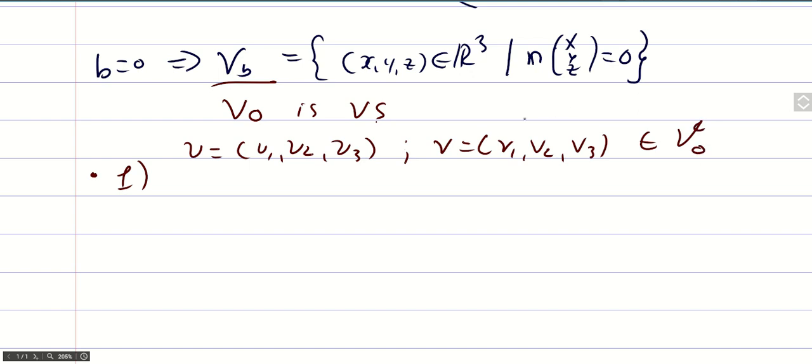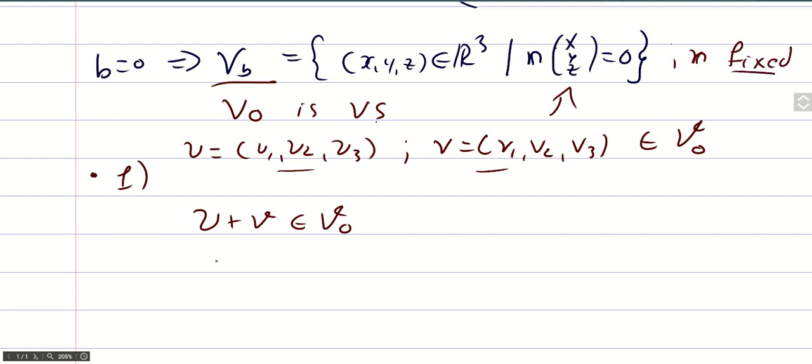That means that both of these vectors satisfy this condition. Then the sum of these two vectors also is part of V0, meaning the plane that passes through the origin. Remember that here n is any vector that is fixed, every non-zero vector, fixed.